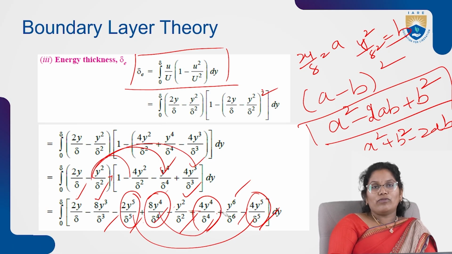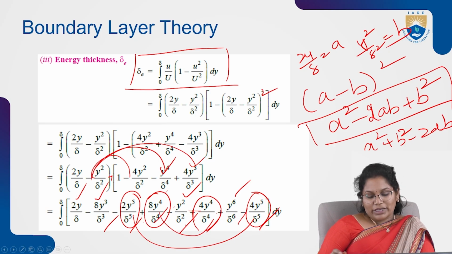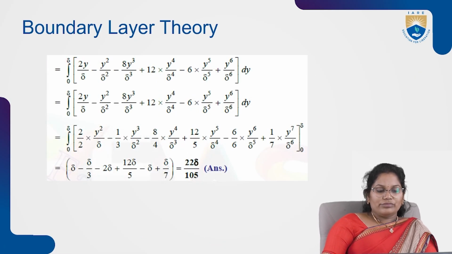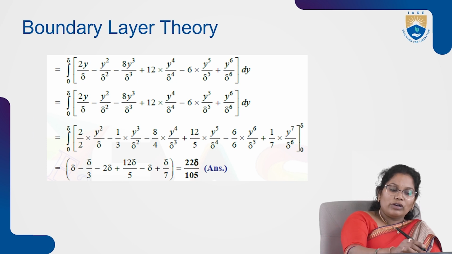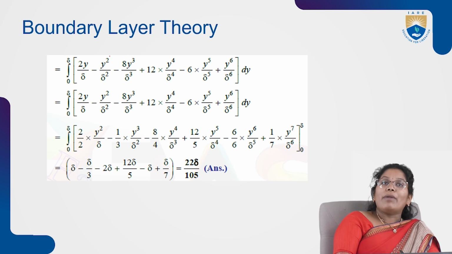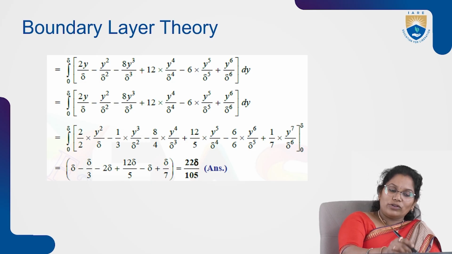So for power 4 and power 5, we have to make them together. After that, you will get 2y by delta minus y square by delta square minus 8y cube by delta cube. This is single, all this is also single.